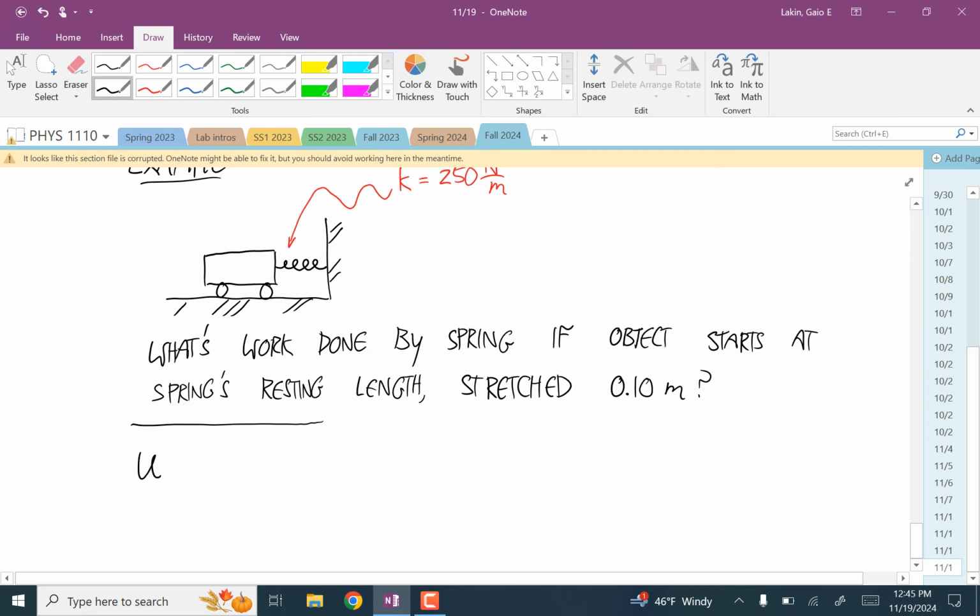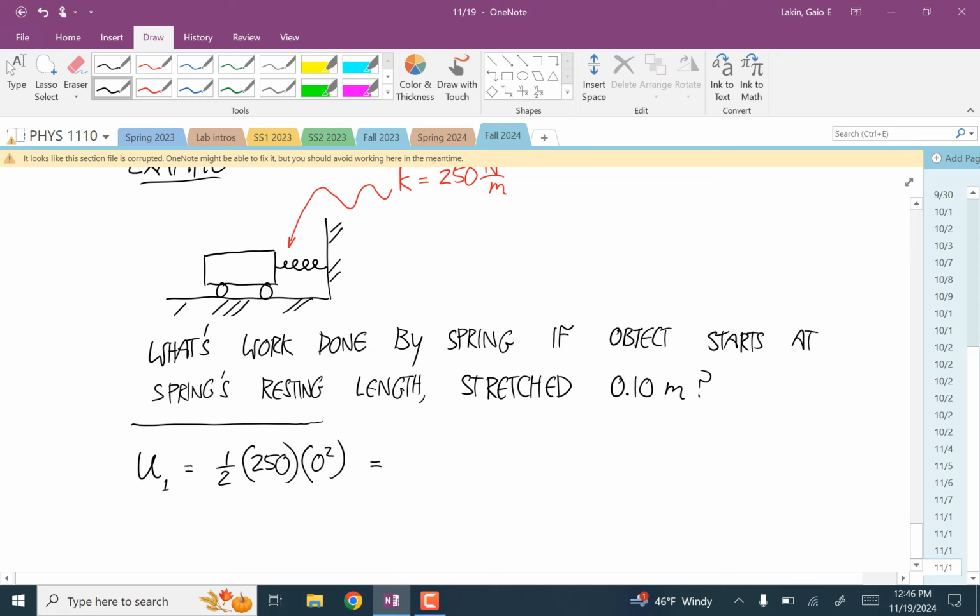At the first instant, U1 is equal to, and all I'm doing is plugging these values into the potential energy function I have for springs. It's 1/2 times 250 times the distance that the spring is from its resting length. It starts at rest, at its resting length, so this is just 0 for the first part.